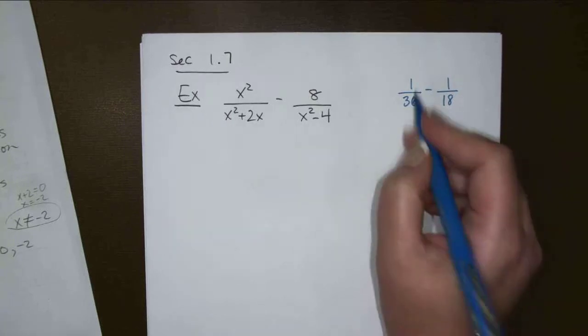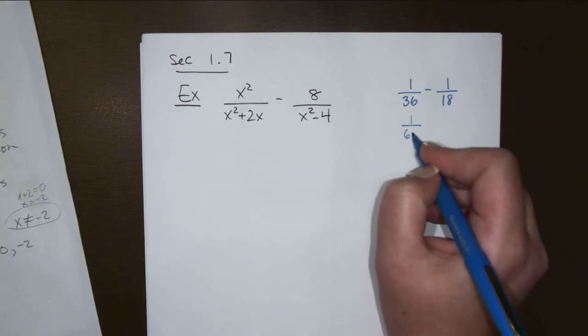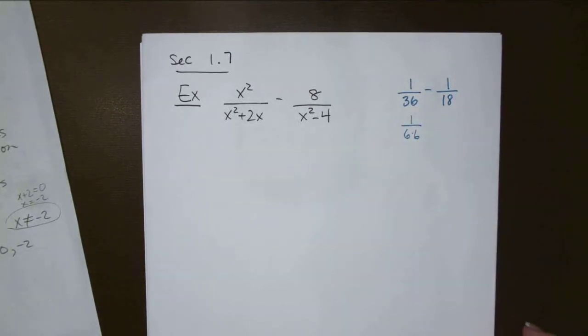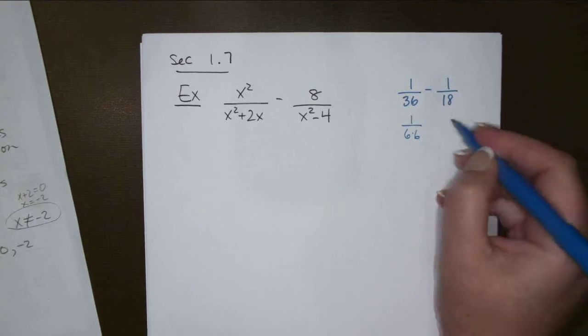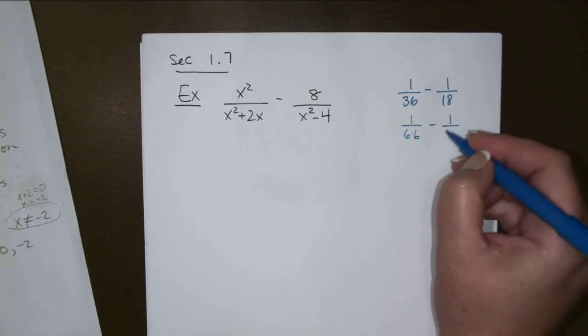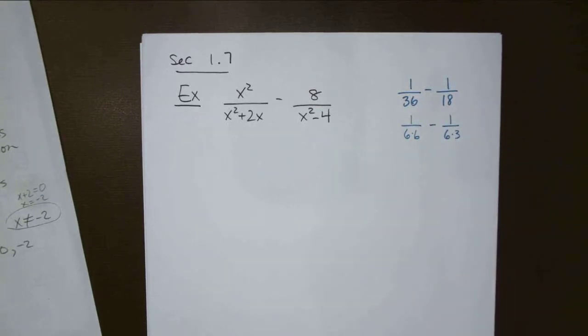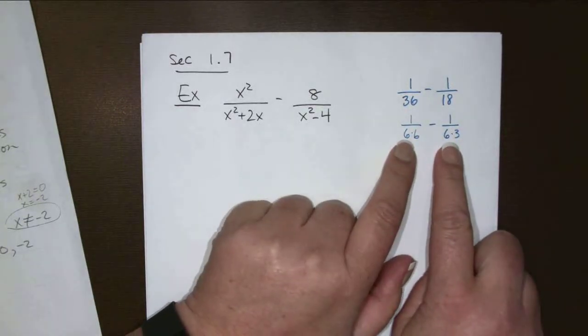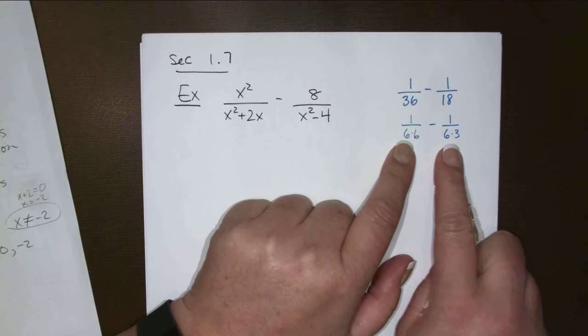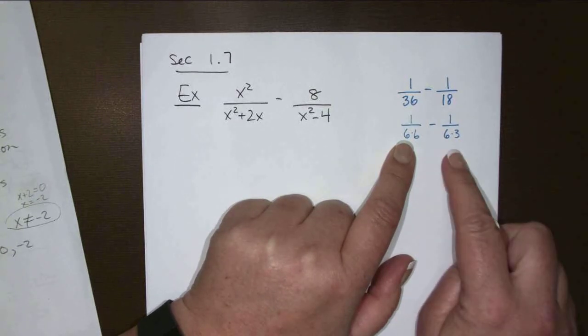Right? If we factor these, what are some factors of 36? 6 times 6, and what about 18? 6 times 3? Okay, so one common factor, we could say, well, they both have a 6 in them. This isn't the best one for this particular example. Do you see it?